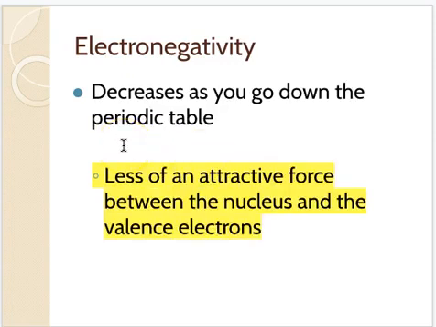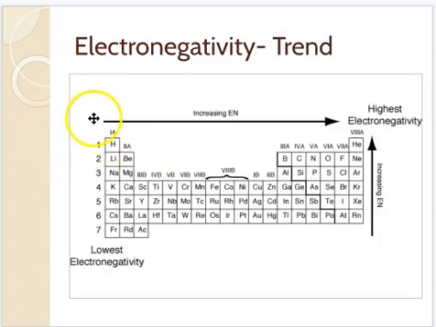Going down a group on the periodic table, we're adding an energy level every time you go down the group, and so therefore you have less of an attractive force from the nucleus. So that means it has a lower electronegativity, less likely to gain. So here's your little visual. From left to right, we have an increasing electronegativity, and from top to bottom, it decreases, or increases bottom to top.